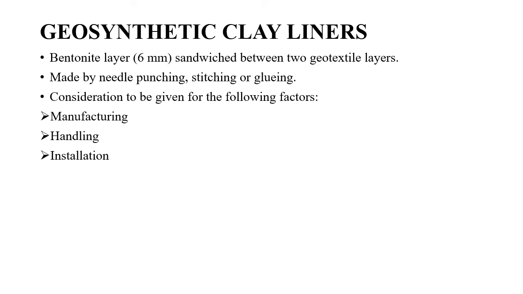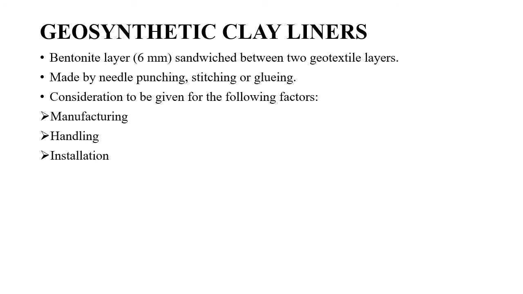So this is all about the different alternate options for a liner material other than natural clay. As I said, either we can use natural clay as a liner material, or we can use bentonite enhanced soils, or if you prefer geosynthetic materials, which have many advantages over natural materials, then we can go for either a geomembrane or a geosynthetic clay liner.